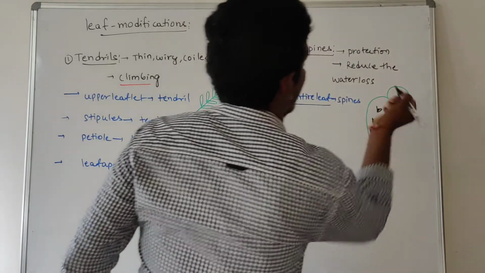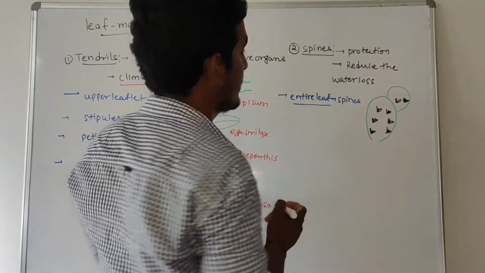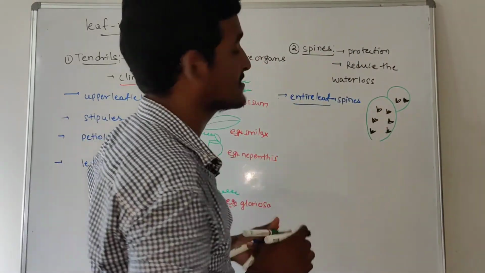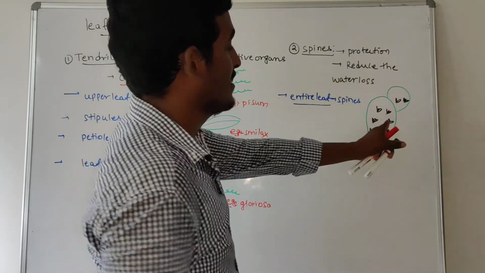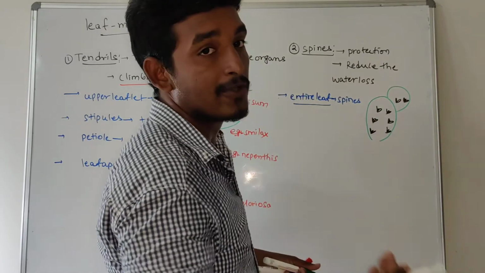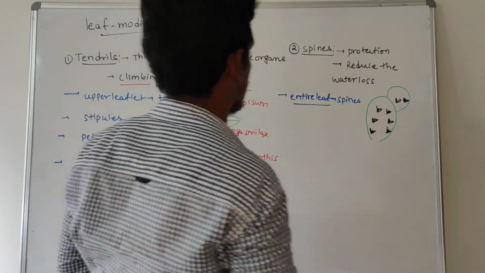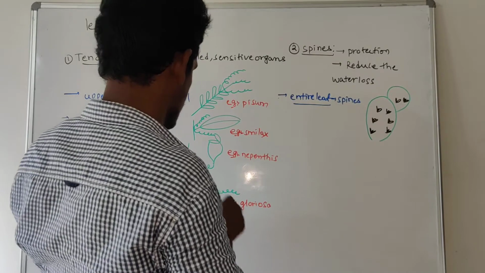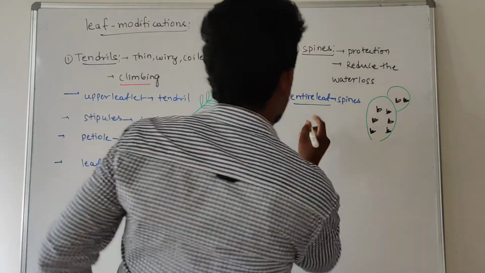These are all the leaves. The entire leaf is modified into spines. Why? What is the reason? Because it helps to reduce the loss of water, and along with that it helps in protecting themselves from grazing animals. The example for this one is Opuntia.